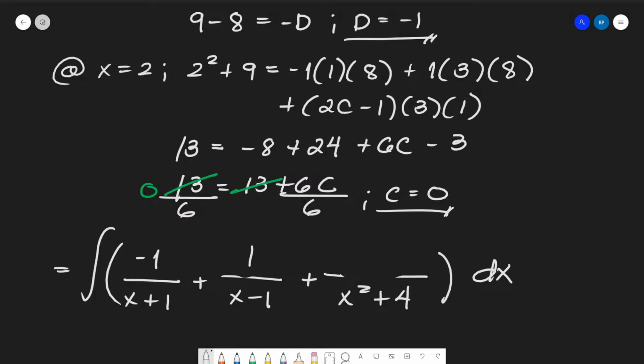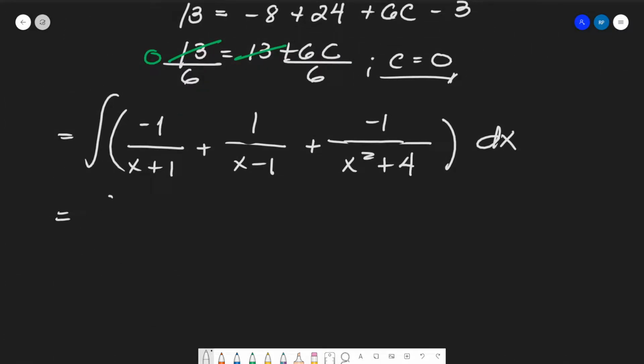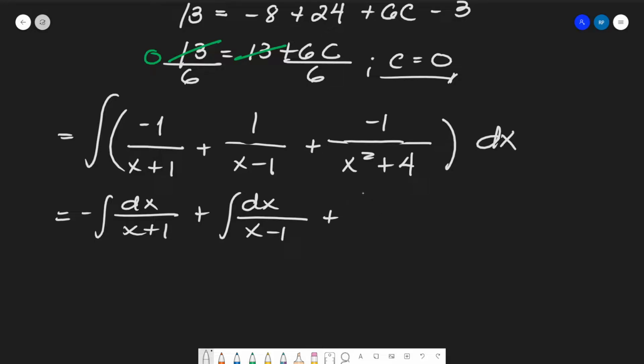D is equal to what? Negative 1. Okay? So let's distribute. We have here the negative integral of dx over x plus 1 plus dx over x minus 1, minus the integral of dx over x squared plus 4.